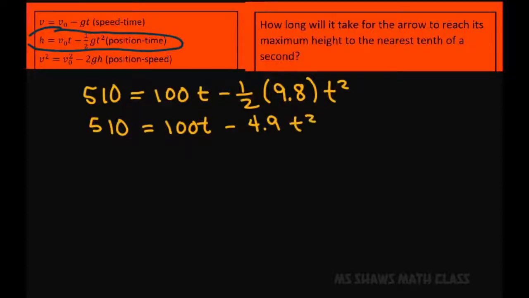t squared. Now I'm going to move everything to the left side of the equation. You get 4.9t squared minus 100t plus 510 equals 0, and we're looking for the time, to the nearest second.